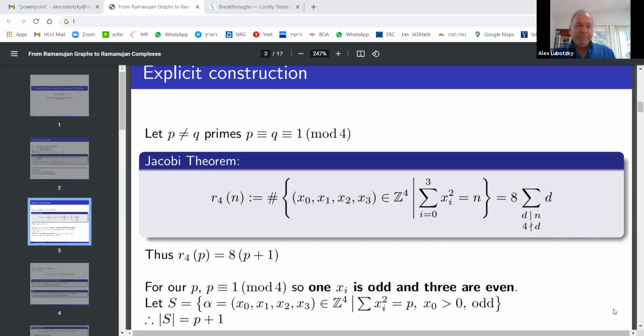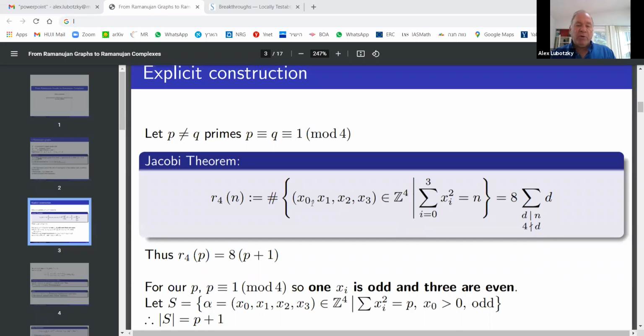It's not essential. For this audience, I'm sure the following classical theorem of Jacobi is well known. Historically, this theorem was important in a way: proving it was the birth of the old theory of automorphic forms. And the theorem is a beautiful theorem, says the following: let r4(n) be the number of ways to write n as a sum of 4 squares.